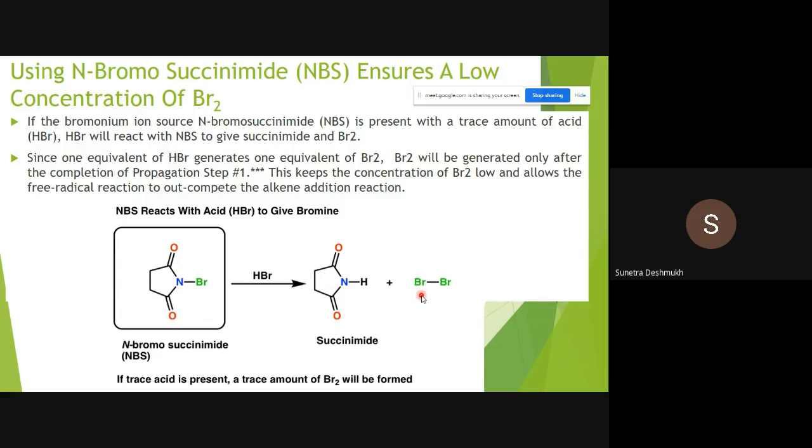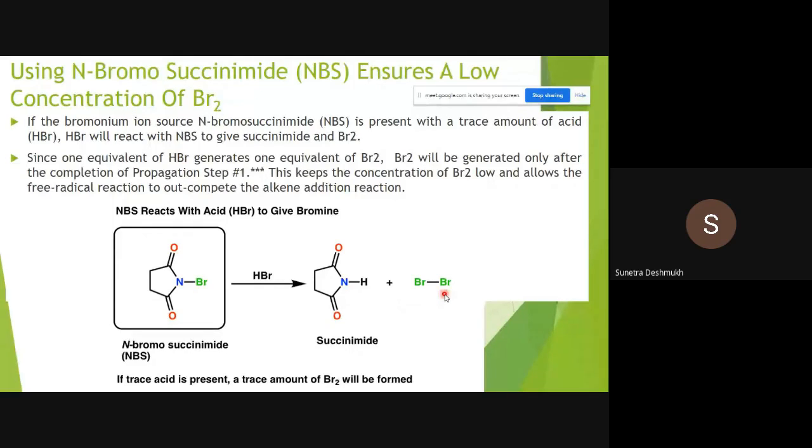This Br2 molecule is getting generated in situ in the reaction, and this Br2 will react with your carbon-carbon double bond containing starting material, like a methyl or methylene group. This generated Br2 reacts via a free radical mechanism. So we have to replace Br2 with N-bromosuccinimide, and by using N-bromosuccinimide we generate Br2 in situ.